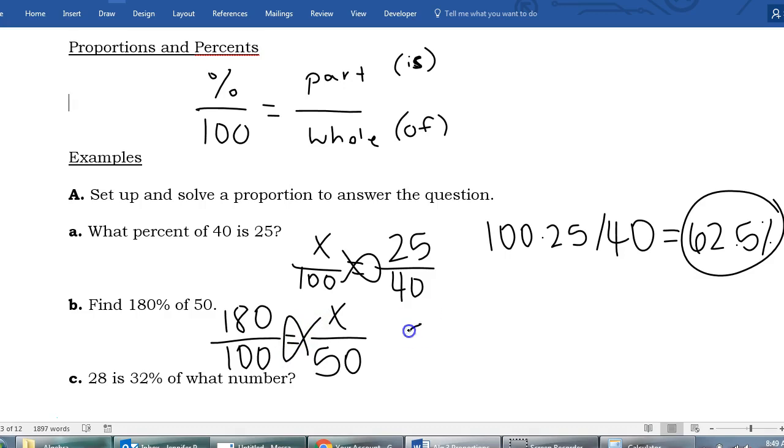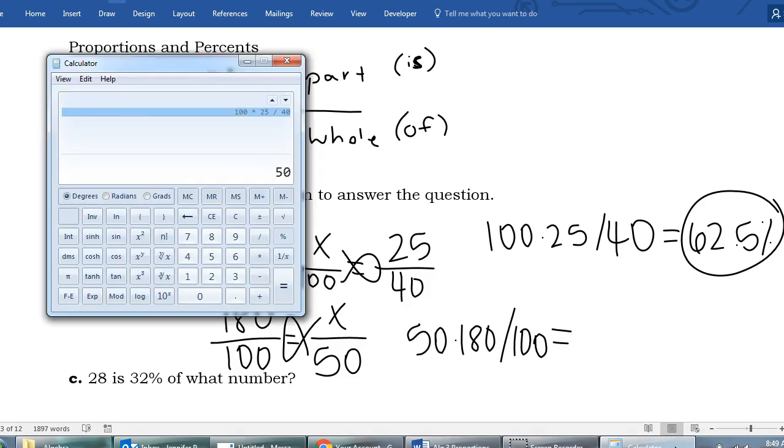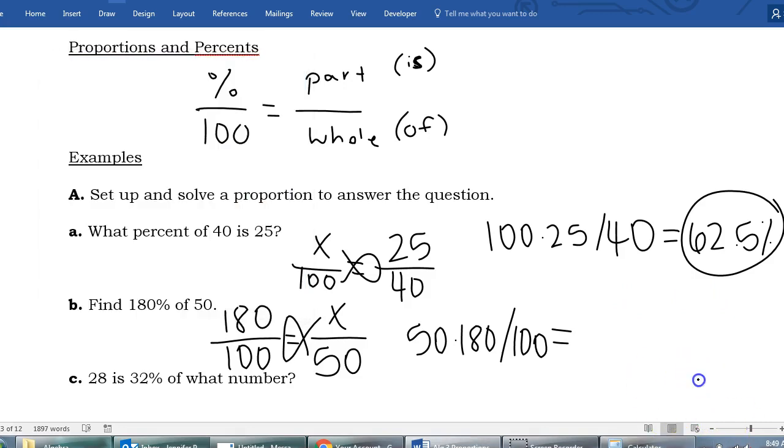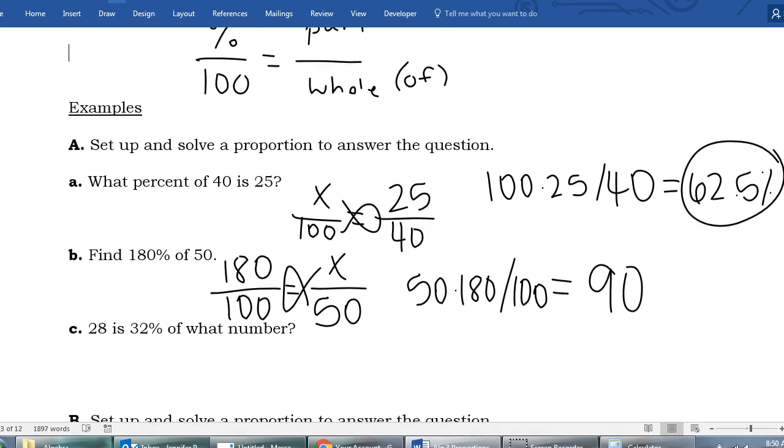So that would be 50 times 180 divided by 100. Is 90. So 90 is 180% of 50. Now this one's kind of weird because our answer was bigger than our whole, but that's because we're looking for more than 100% of something, so we should have gotten a bigger answer.